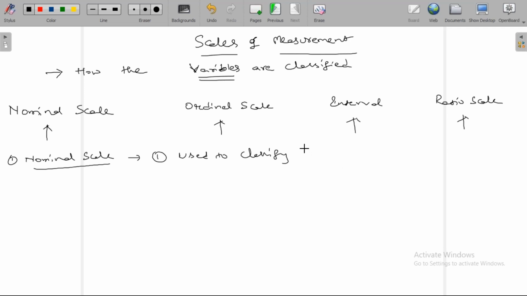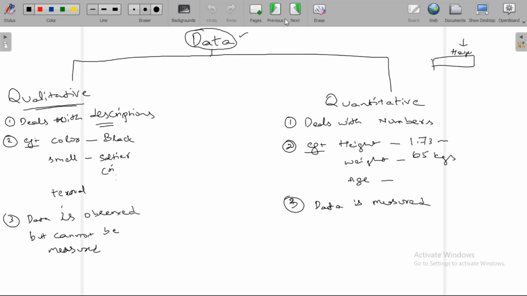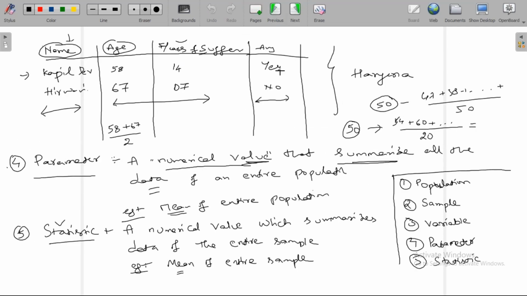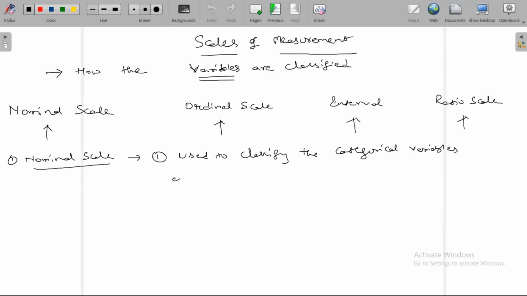For example, gender: male or female. Colors: white, black, green, blue. This kind of thing is used to classify. So whenever you have data in nominal scale, you are trying to classify them into categorical variables, such as gender, colors, etc.